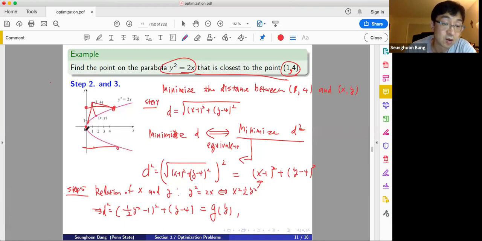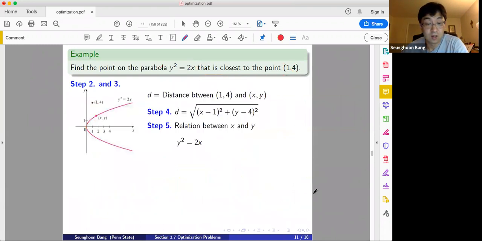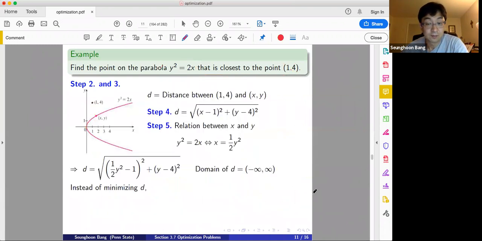What does it mean? All real numbers. So this is y from negative infinity to infinity. All real numbers, like a domain, right? It's like step 5. We can write, can use f, not g, f of y, like this.